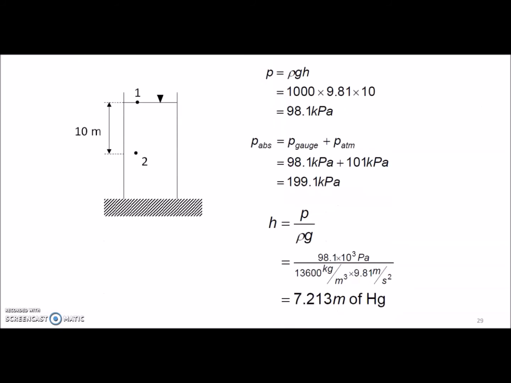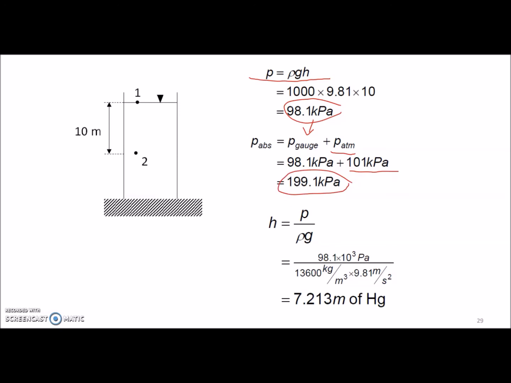Okay, first thing first, you need to calculate the gauge pressure using rho g h. The container holds water, so we use the density of water, 1000, and then we calculate the absolute pressure by adding the gauge pressure and the typical value for atmospheric pressure, 101 kilopascal. So we get the absolute pressure.